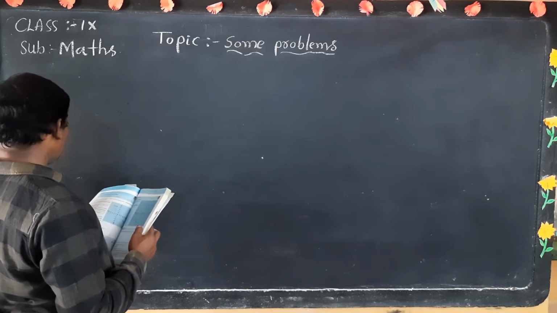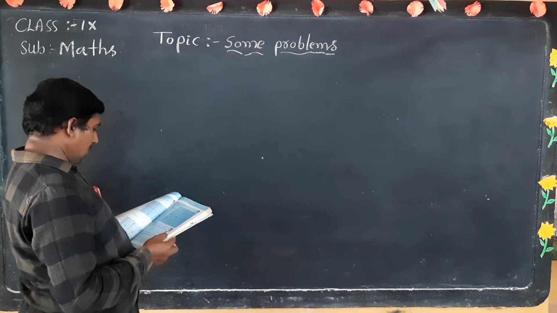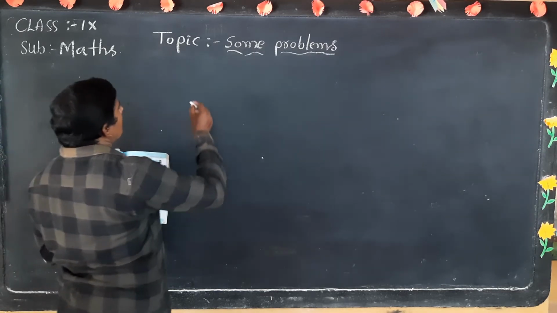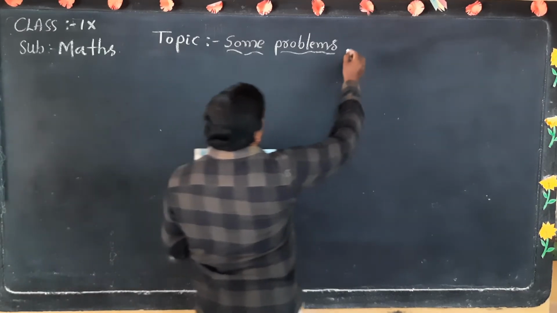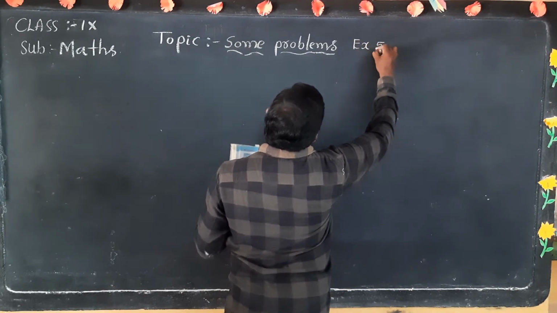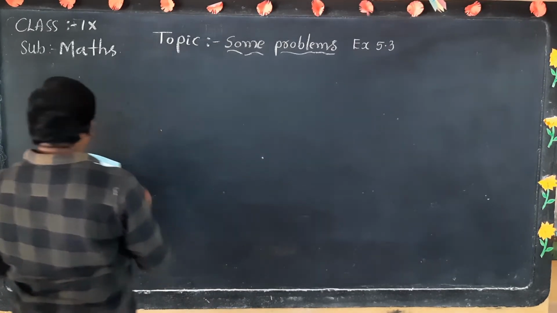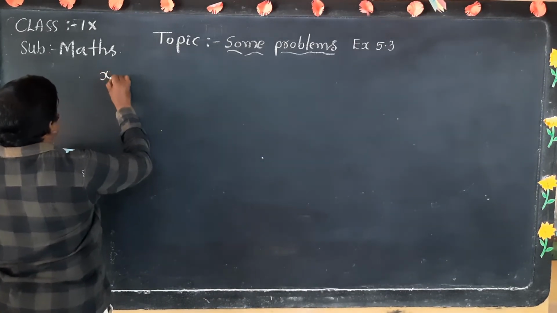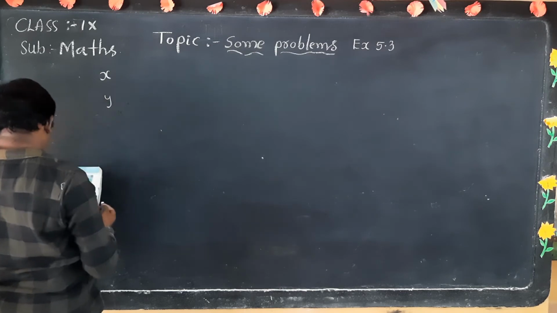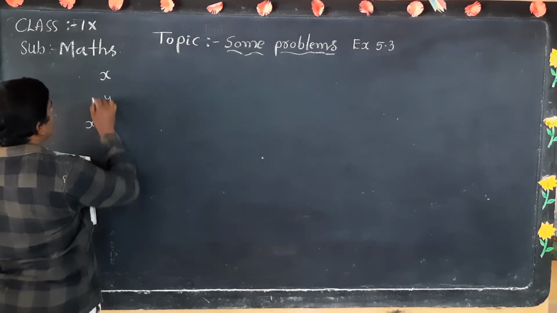And next, after this, they gave here Exercise 5.3. Exercise 5.3. First problem is x comma y should be written.